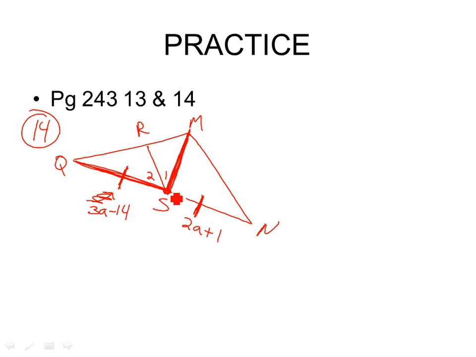This time they're telling us that the measure of that is 7a plus 1, so this whole angle, 7a plus 1. Now don't be confused, because we don't know that that's an altitude this time. Last problem they told us it was an altitude. This time they didn't tell us that. They want us to find the value of a.